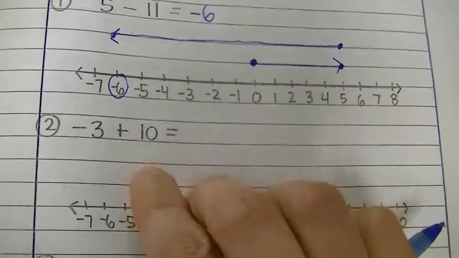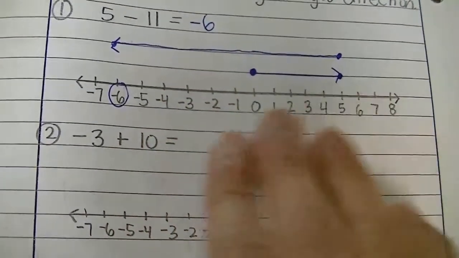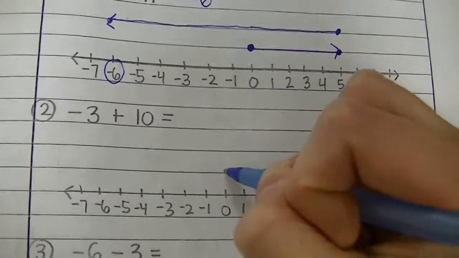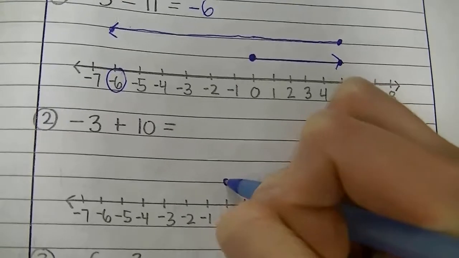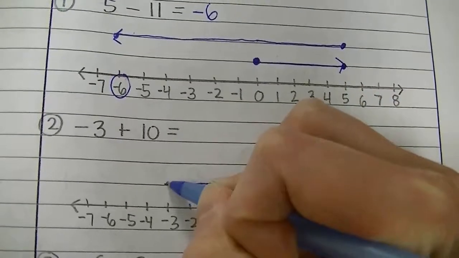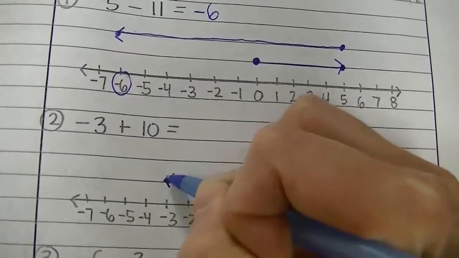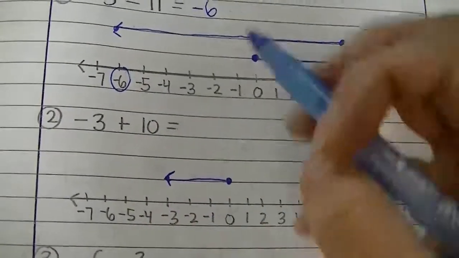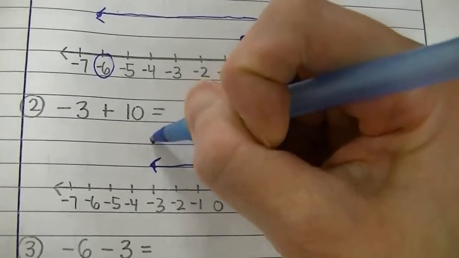Number 2, you're going to start at 0, but it says negative 3 plus 10. So when you're drawing your vector, you're going to start at 0. You're going to go to the left 3, because that shows your direction. And you're ending your vector right there. And then it says plus 10. You're going to go to the right 10 units. But you're going to start your vector right there at the negative 3.